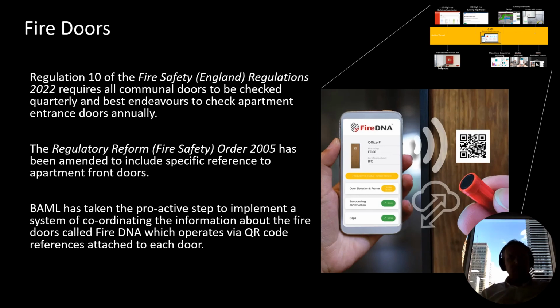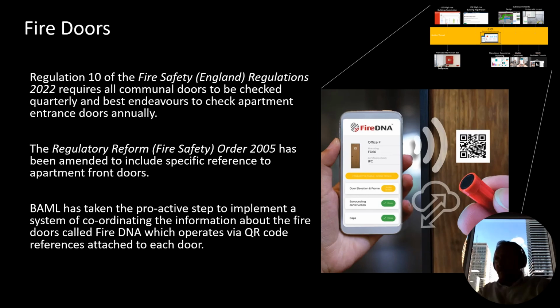So what we've done in this case study is use a system called Fire DNA, where we have been able to collate the information that's hosted in the golden thread, revalidate that information, and then populate it against the door, which is held in a digital system but linked to the actual door itself via an NFC or QR code.